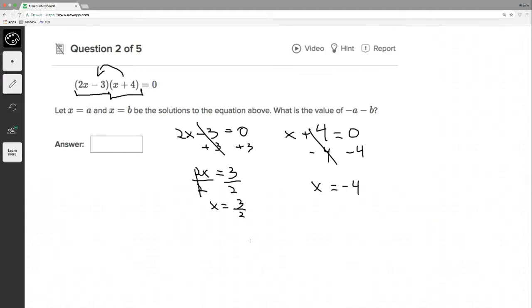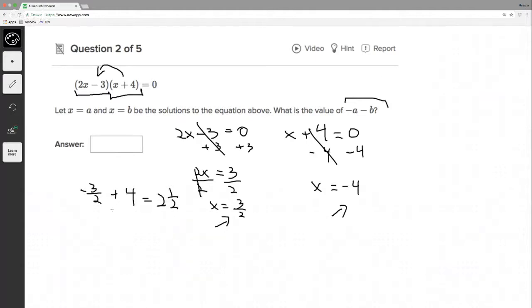So again, it doesn't matter. We're taking the negative of this and the negative of this, which is right here, and combining them. So it becomes negative 3/2 plus 4, because we're putting a negative on that negative 4. So this is really 1.5. So this becomes 2.5.